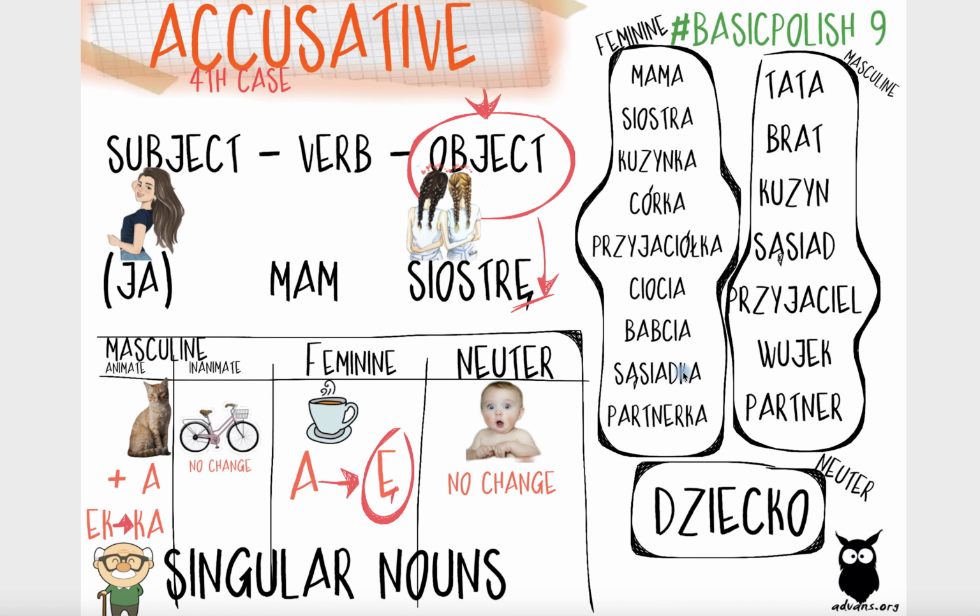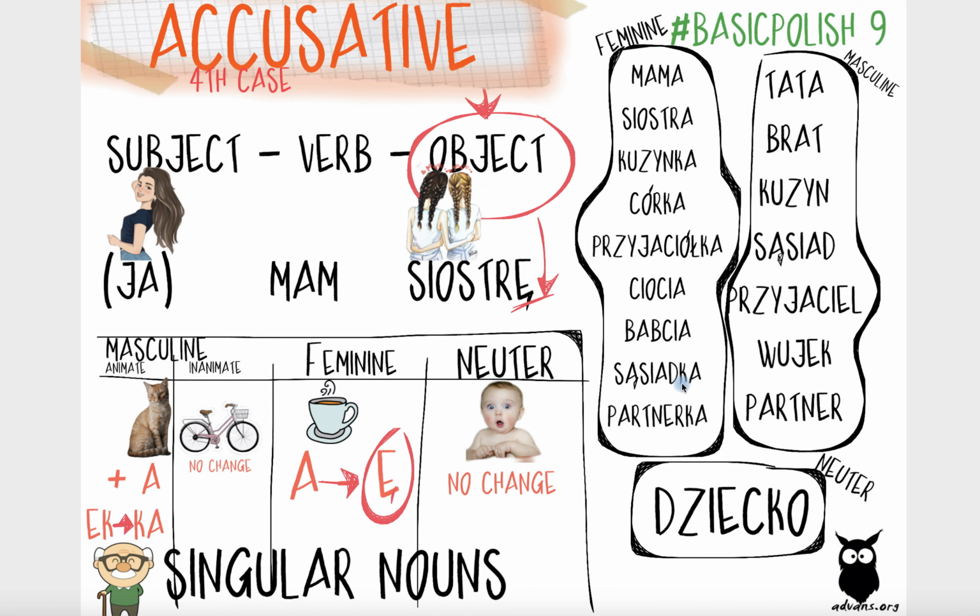Two more words. Neighbor, as you can see the ka ending, who is a female. Sąsiadka. SIA is pronounced sha. And because we've got the unvoiced consonant k there, the d will sound more like t.